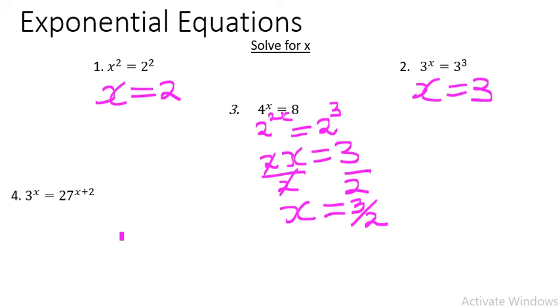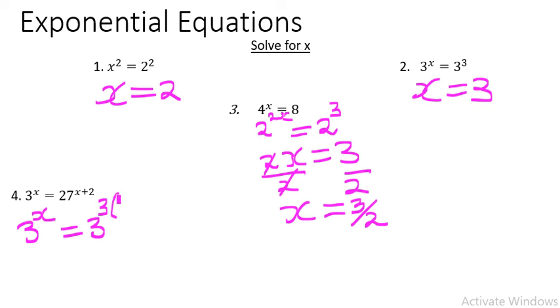Moving on to the next problem. We are having 3 to the power of x is equal to 27 to the power of x plus 2. So we need to make the bases the same here, because we can see that x is our exponent there. So we will say 3 to the power of x is equal to 3 to the power of 3, because 3 to the power of 3 will give us 27.